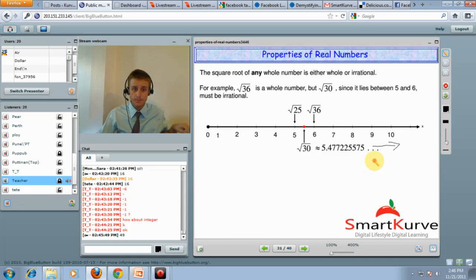It does not repeat. And again, if we had right here, we know that this is the root of 49. So if we had the square root of 40 here, the square root of 40 would be 6 point something, continuing on, growing smaller, but neither terminating nor repeating.